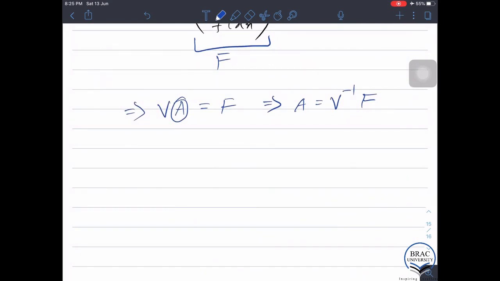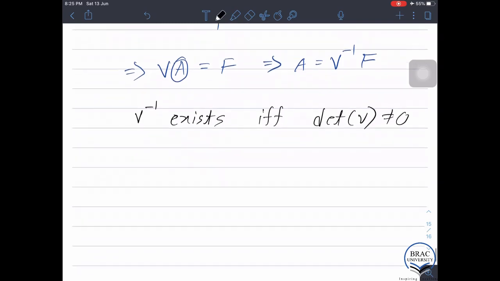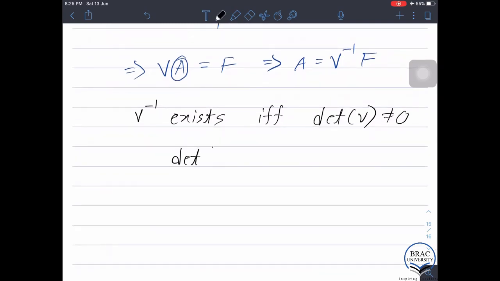So what we know from our previous experience from your linear algebra course is that V inverse exists if and only if determinant of V is not equal to 0, right? And determinant of V can be written as a product over 0 less than or equal to i less than j less than or equal to n of xi minus xj.